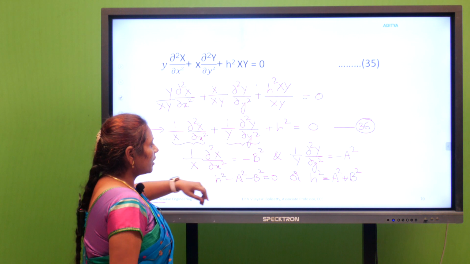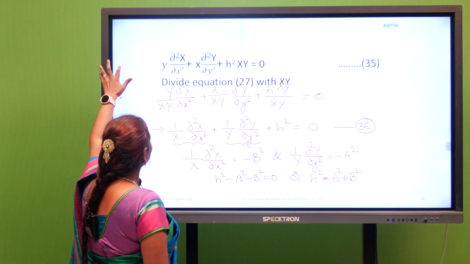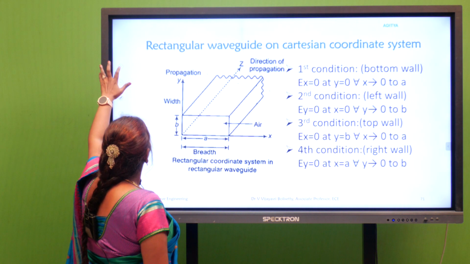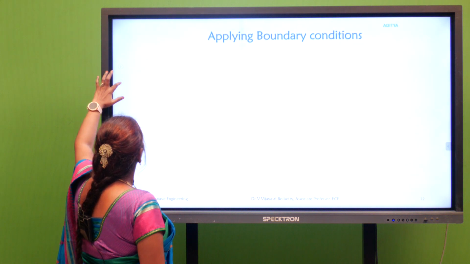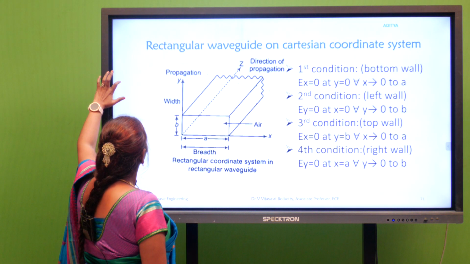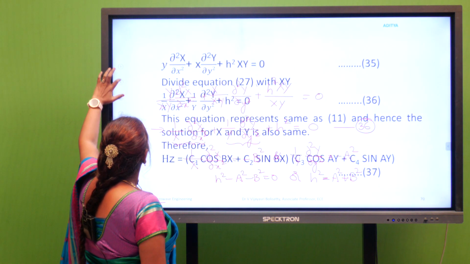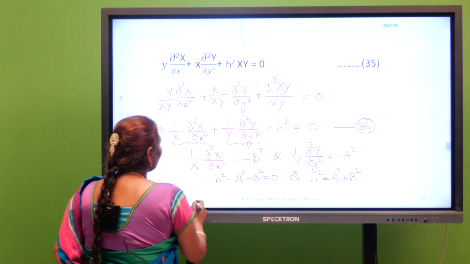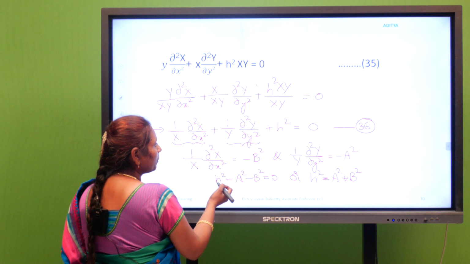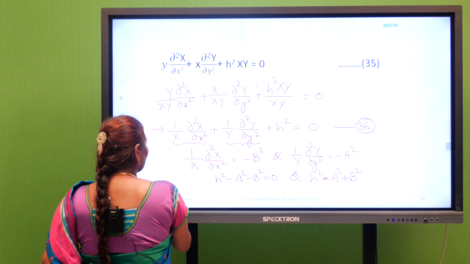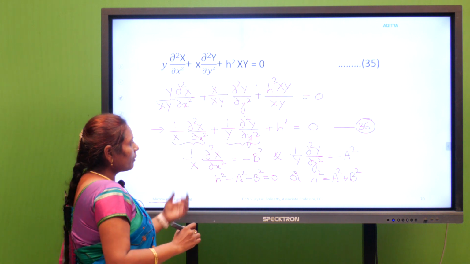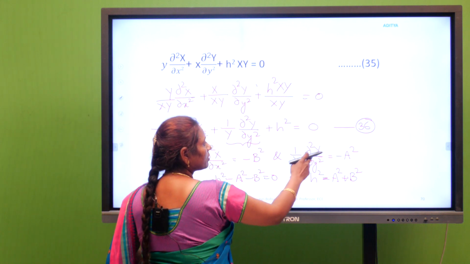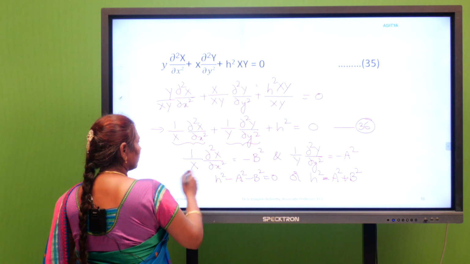So for this equation h² = a² + b², the solution, as we are deriving for Hz, means we can obtain what X is and what Y is. X we can write as C1 cos bx + C2 sin bx, and Y we can write as C3 cos ay + C4 sin ay.